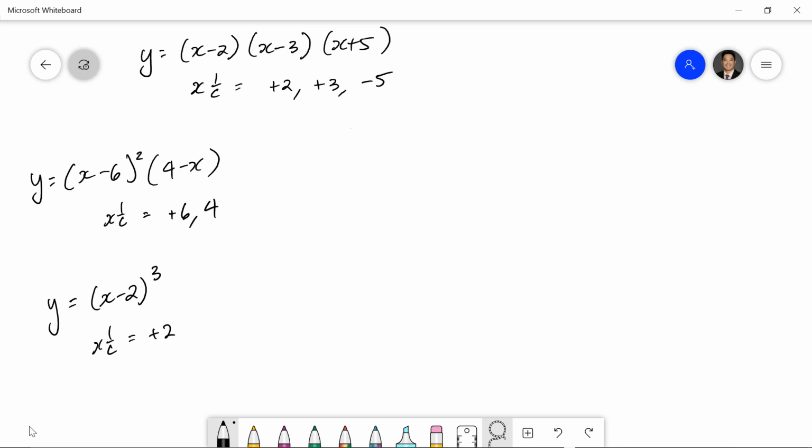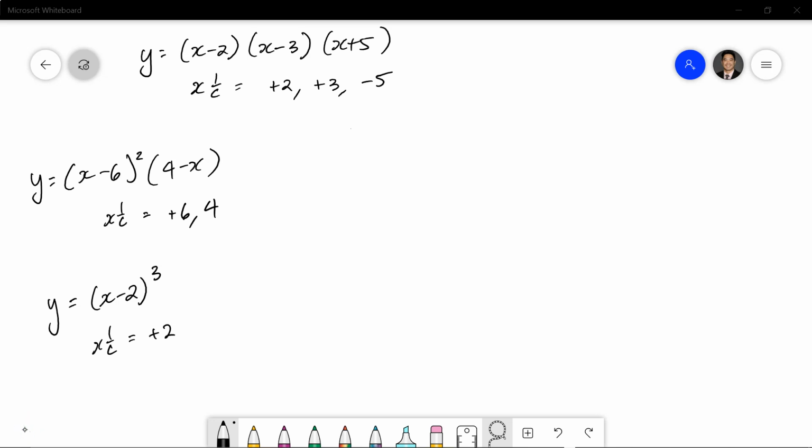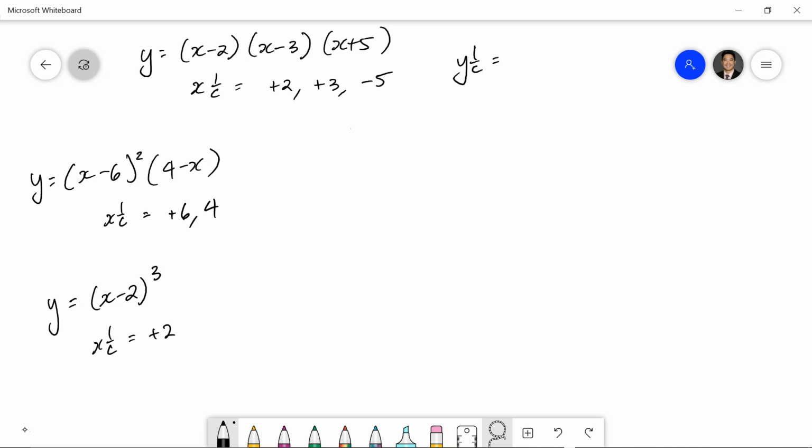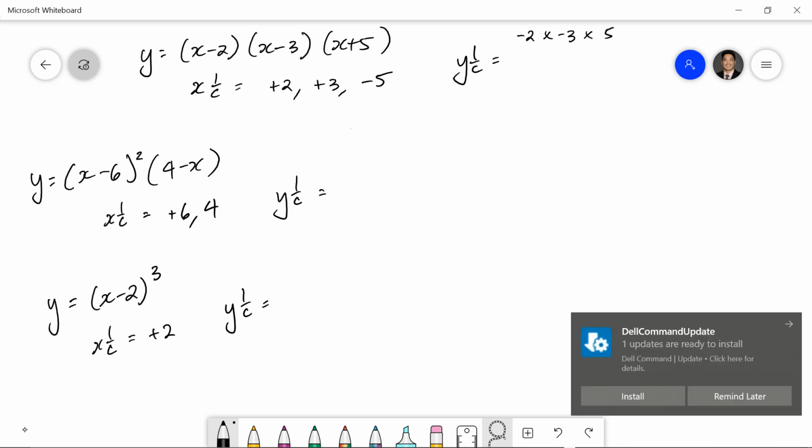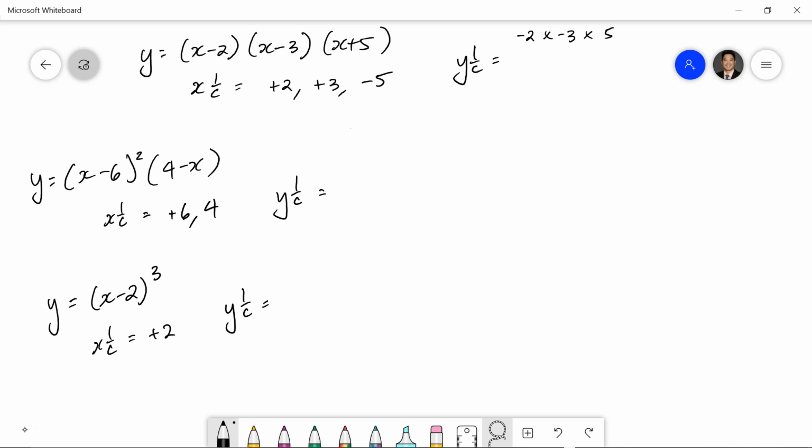All right, so let's have a look at the graph. But before we get to that, we want to work out what the y-intercept is for each of these functions, okay? And in order to do that, you make x equals 0. So when x equals 0, we've got minus 2 times minus 3 times 5, which gives us positive 30. So the y-intercept is at 30 for this particular question.